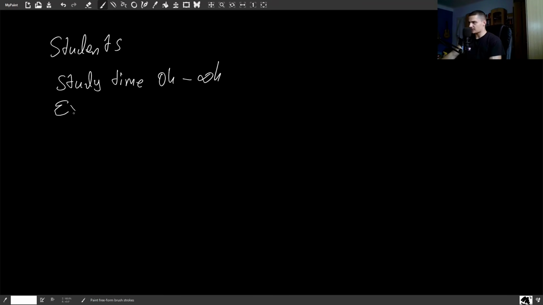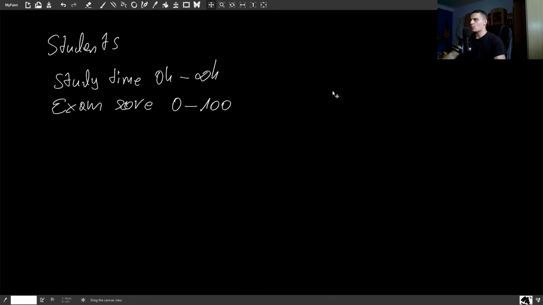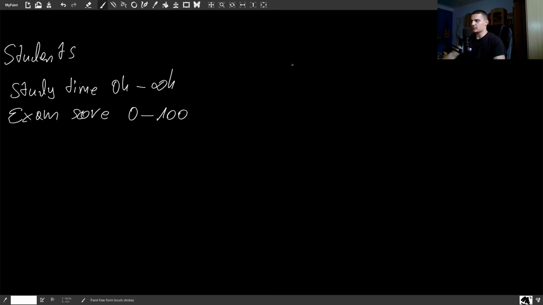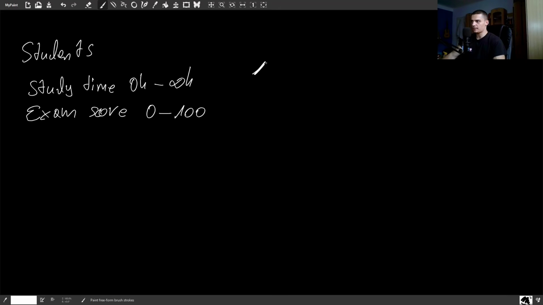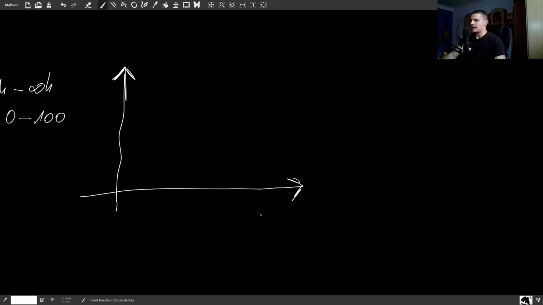And then we have an exam score. And the exam score is the actual result of the test. And it can go from 0 points to 100 points or from 0% to 100%. So what we can do now is, let's say we have a data set with these data points and we want to plot this here on a two-dimensional coordinate system. Now, it's not the most beautiful coordinate system, I know, but let's say the x-axis is the study time and the y-axis is the exam score.